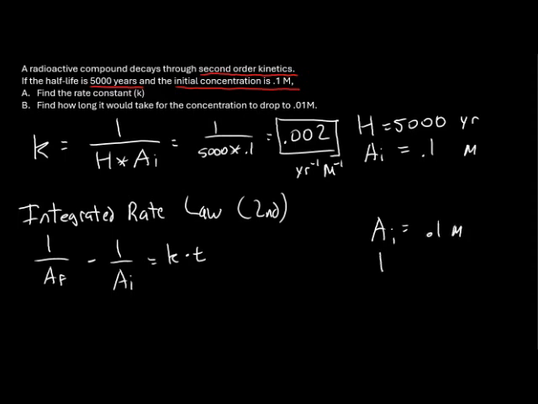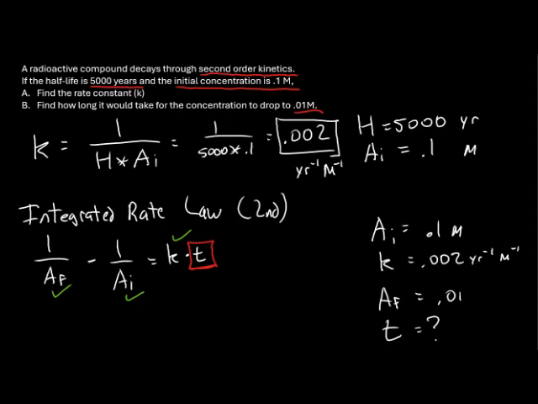We know that the K value is 0.002 inverse years, inverse molarity. And now we are also given that A final is 0.01. Therefore, we'll check off A final, A initial, and K, and our unknown will be time.